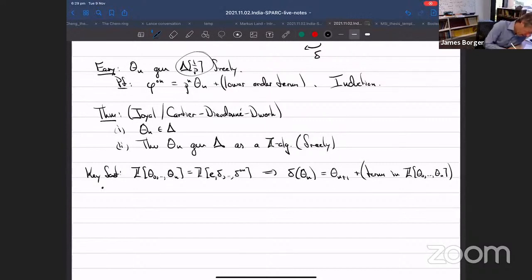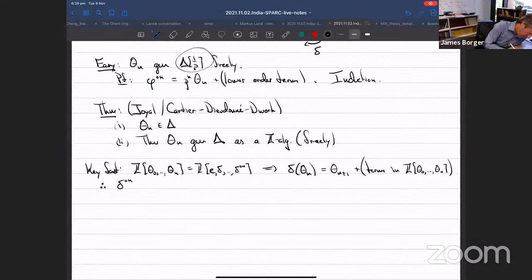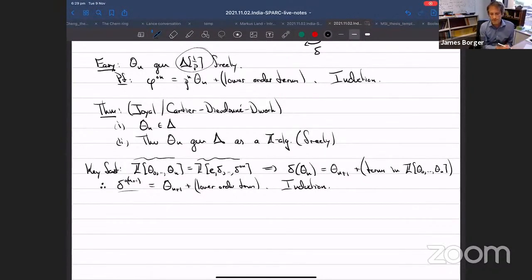And then you keep applying that repeatedly, and you get that if you compose delta with itself n plus 1 times, you actually get theta n plus 1 plus lower order terms. And then you just conclude by induction. So adjoining theta n plus 1 to this is therefore the same as adjoining the n plus first composition of delta to that thing.